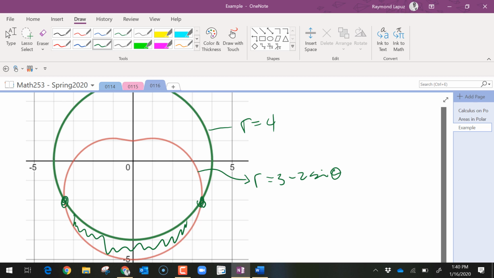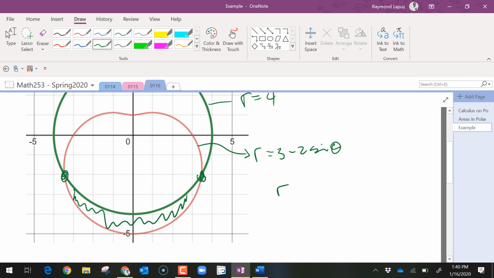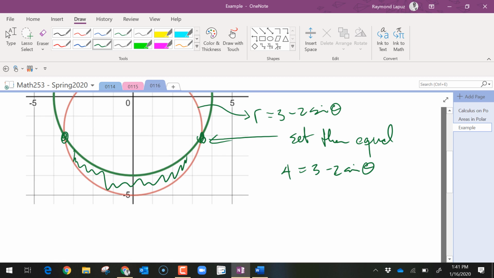And so we're going to set 4 equal to this. So analytically, that's what we can start. Set them equal. So we have 4 is equal to 3 minus 2 sine theta. And then just solve for that, as if it was easy.